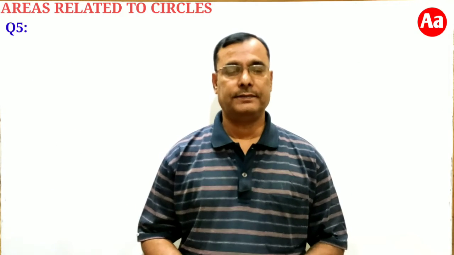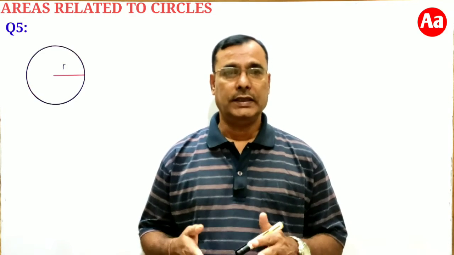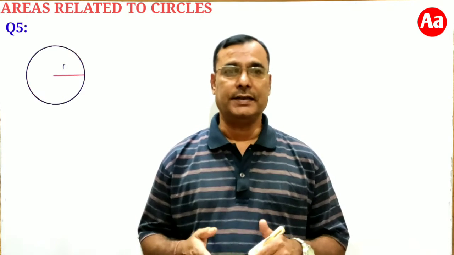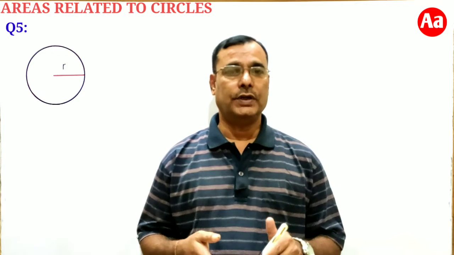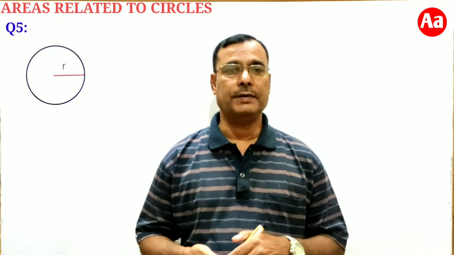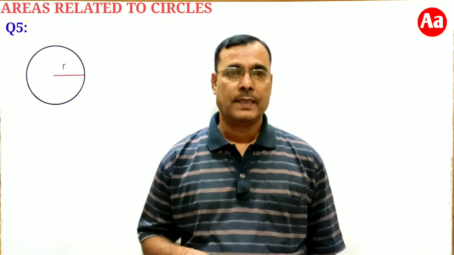Question number 5. If the perimeter and area of a circle are numerically equal, then the radius of the circle is. We are given 4 options and we have to choose one correct option from the 4 given options and also justify our choice.